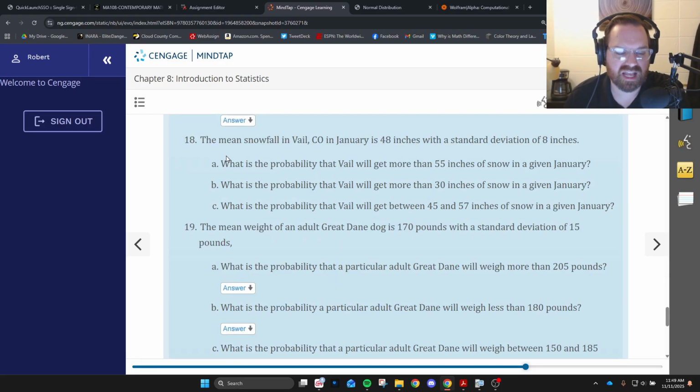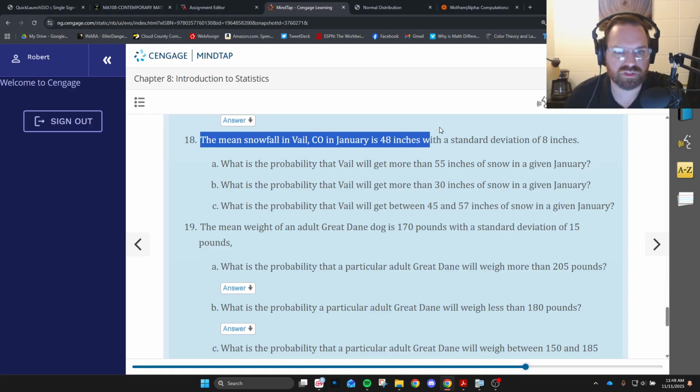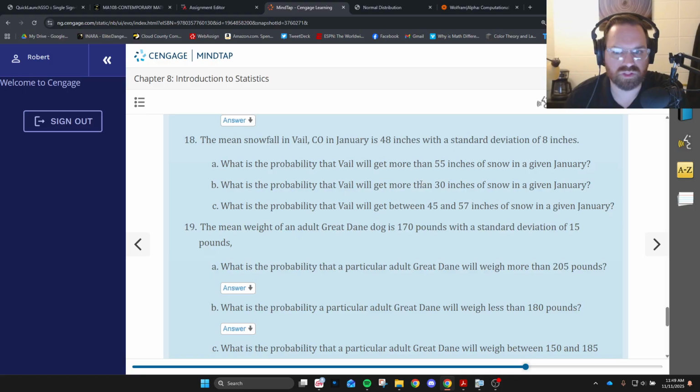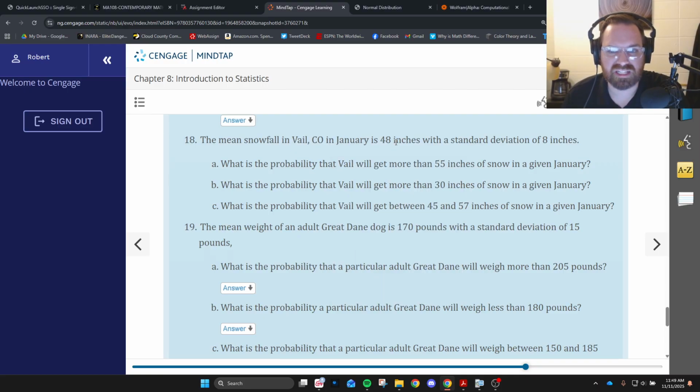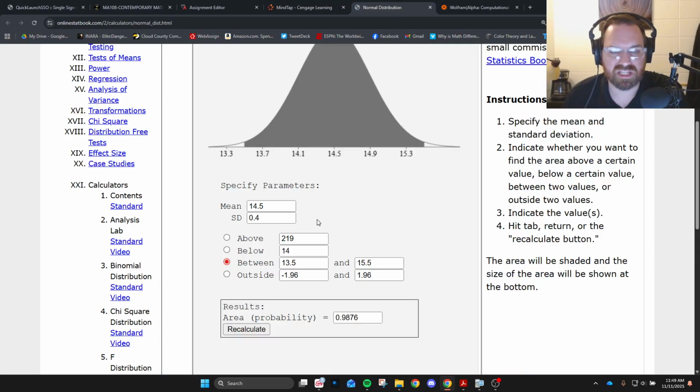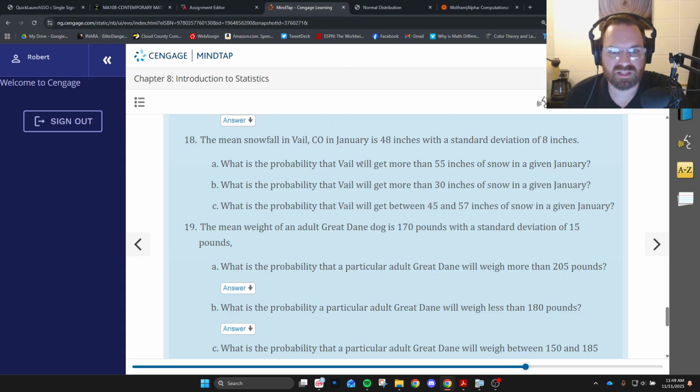All right, let's do one more, and we'll call it quits on this video. This one does not have the questions or the solutions, so we'll just assume that my solutions are correct. The mean snowfall in Vail, Colorado in January is 48 inches. But one thing that is not mentioned, this is in the normal distribution section, is that snowfall is a normal distribution.